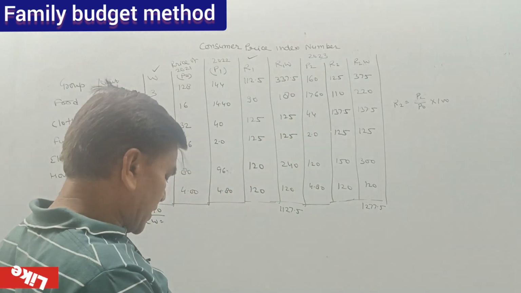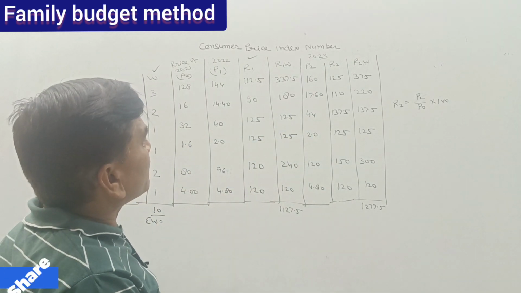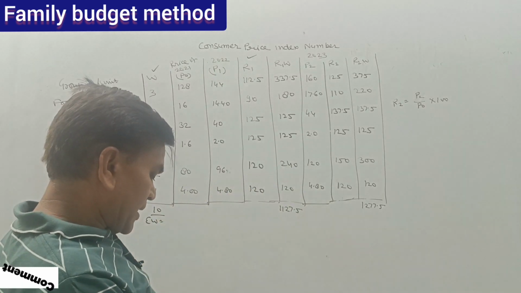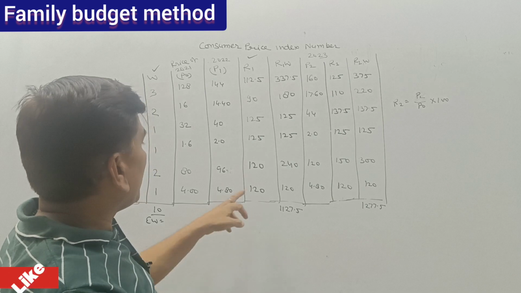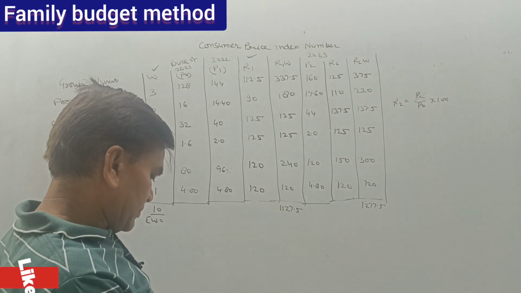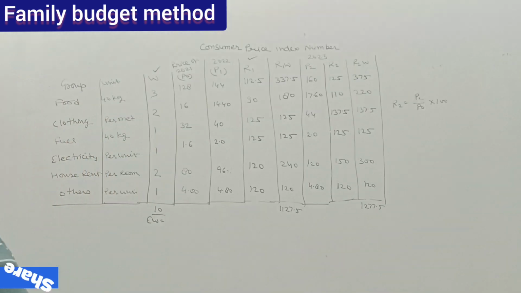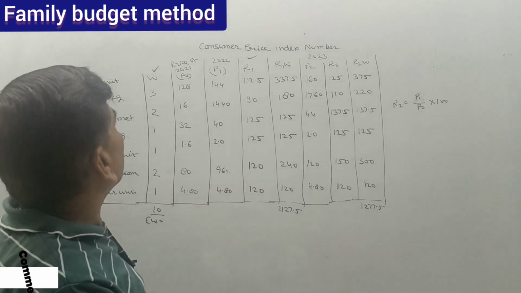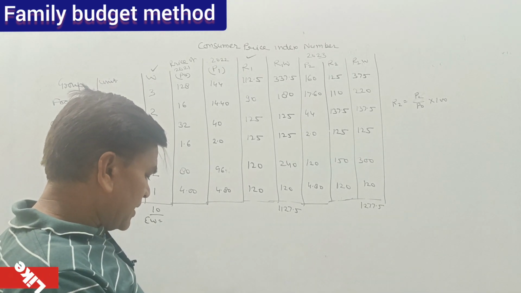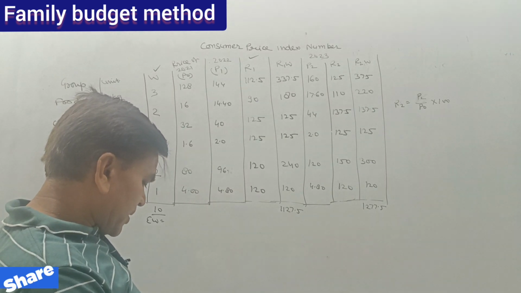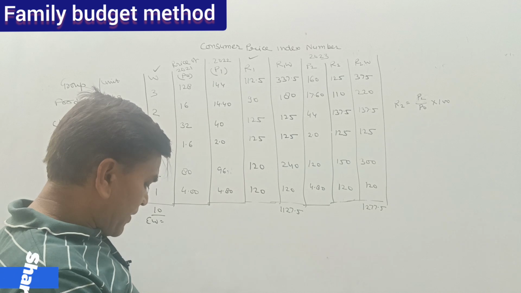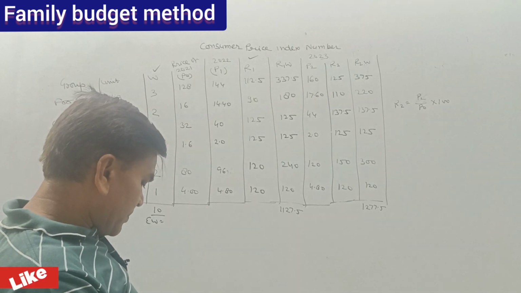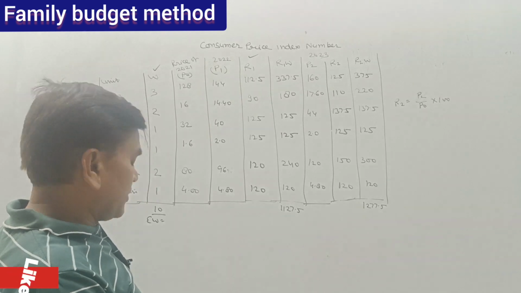Then 44 divided by 32 is 137.5. 2 divided by 1.6 is 125. 120 divided by 80 is 150. 4.8 divided by 4 is 120. Again multiplying: 125 multiplied by 3 is 375, 110 multiplied by 2 is 220, 137.5 as it is, 125 as it is, 150 multiplied by 2 is 300, and 120.